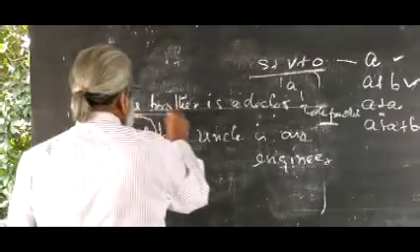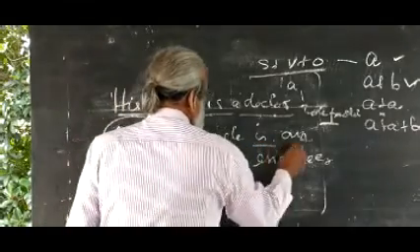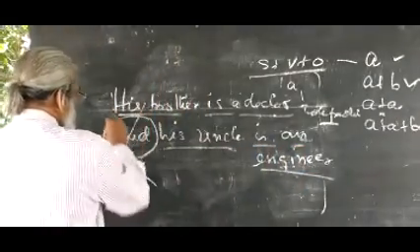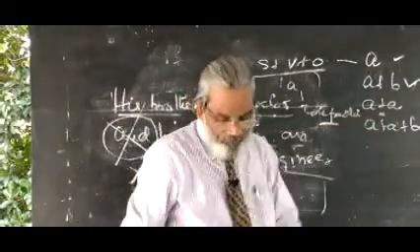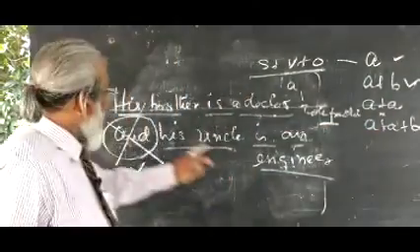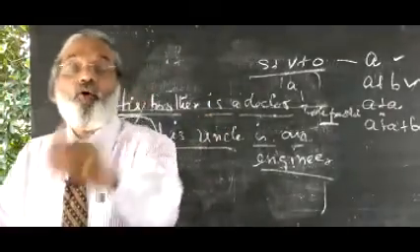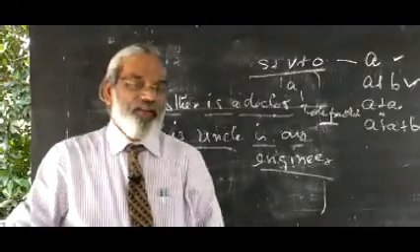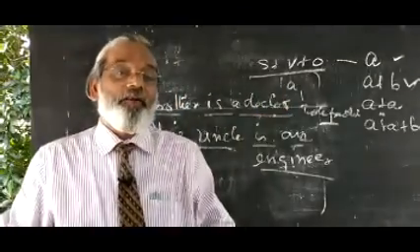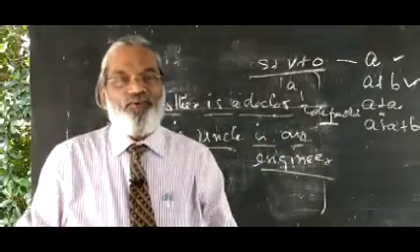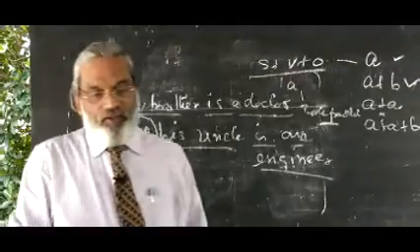You will write: his brother is a doctor, his uncle is an engineer, connected by "and". This is called an A plus A pattern. And "and" as a conjunction can be replaced by any coordinating conjunction. Any coordinating conjunction you use there, you will get independent plus independent, that is, an A plus A pattern construction.